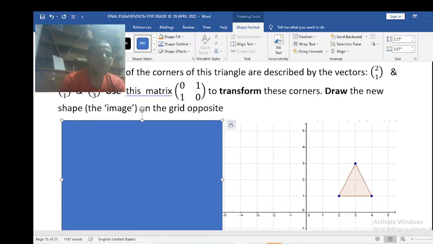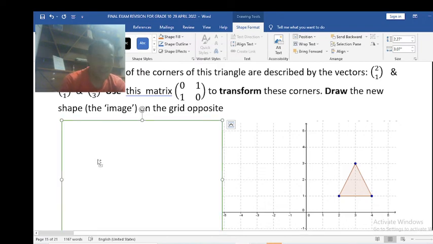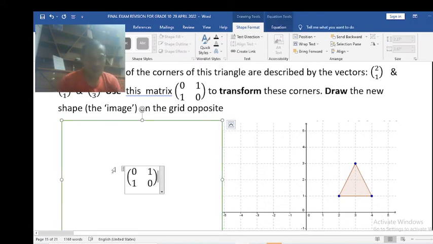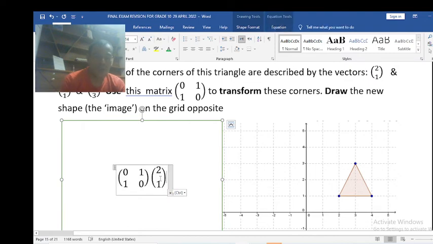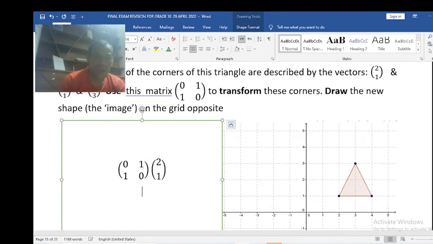Now I will set up the multiplication. First of all, the column vector should be multiplied by this matrix. Copy. Then for the second point I have also this matrix, so I will do it again.